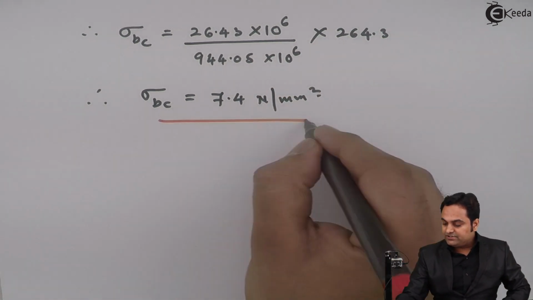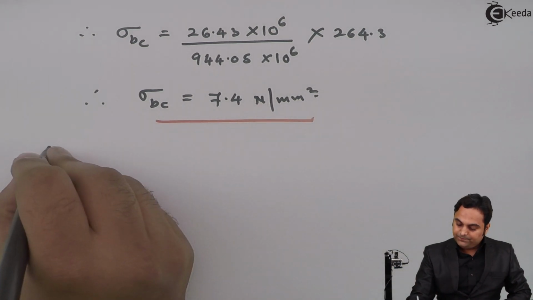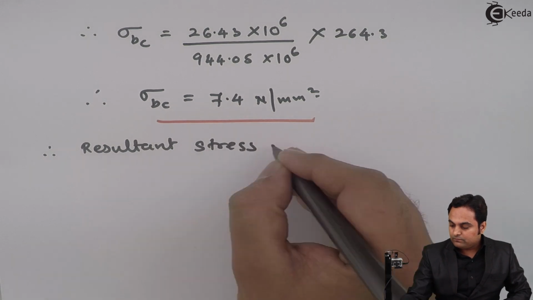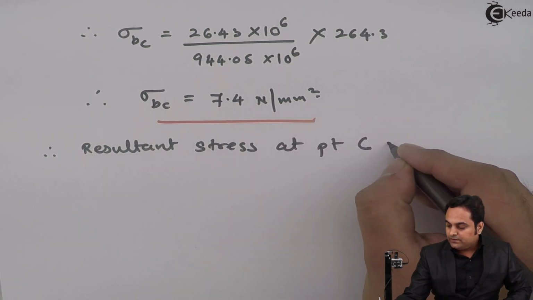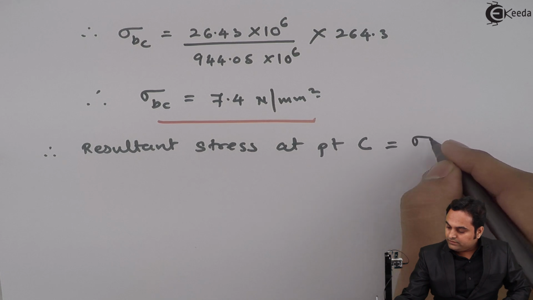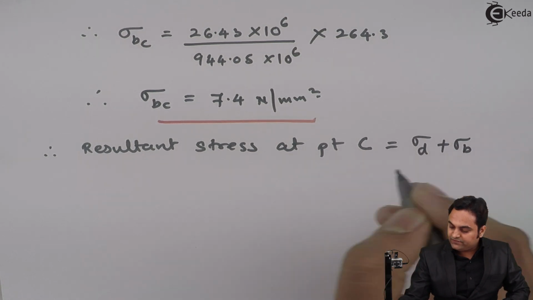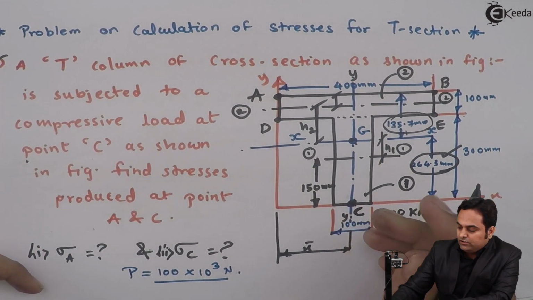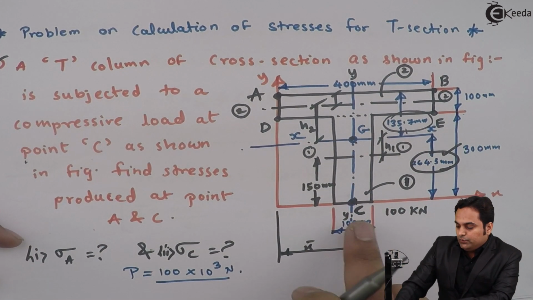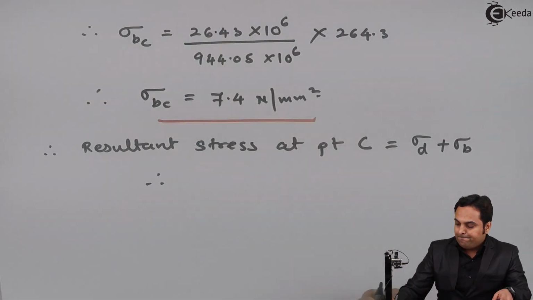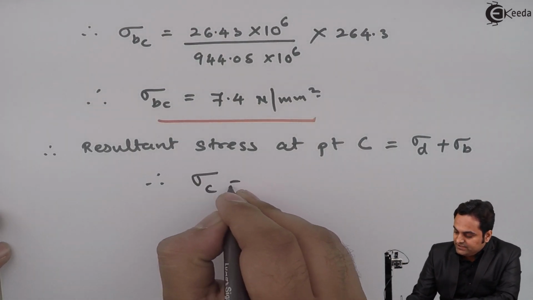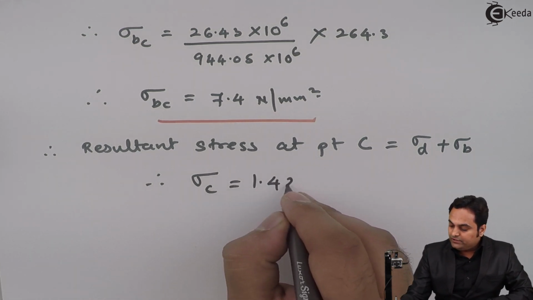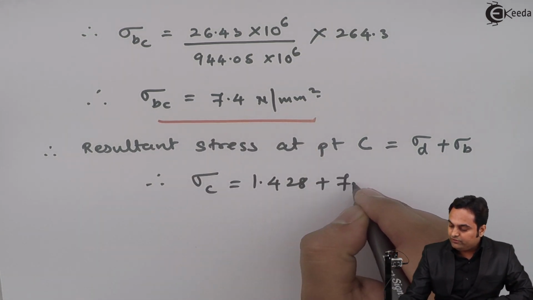After getting the bending stress at C, I can calculate the resultant stress at point C, which will be direct stress plus bending stress, because at C the load is of compressive nature, so it will compress at point C. So the stress at C is equal to direct stress, 1.428, plus bending stress, 7.4.